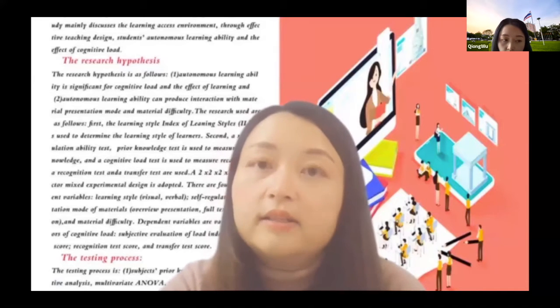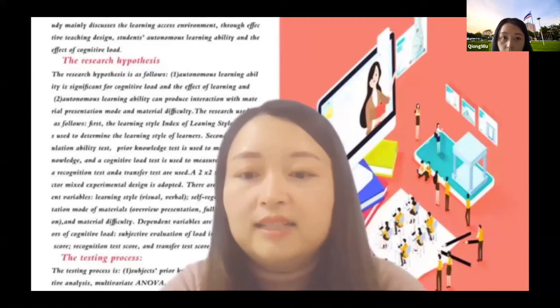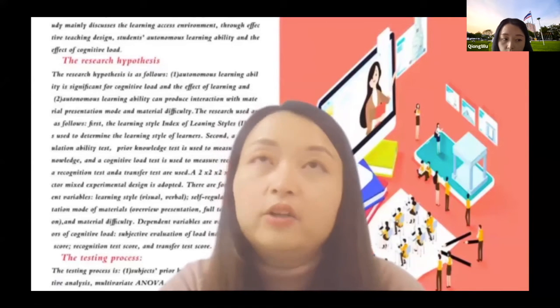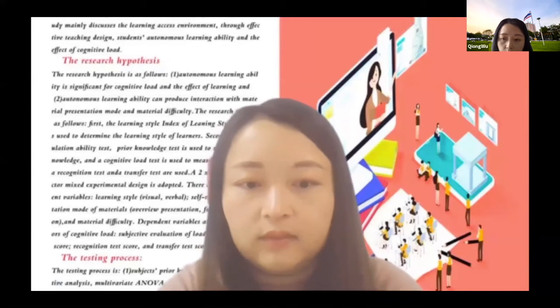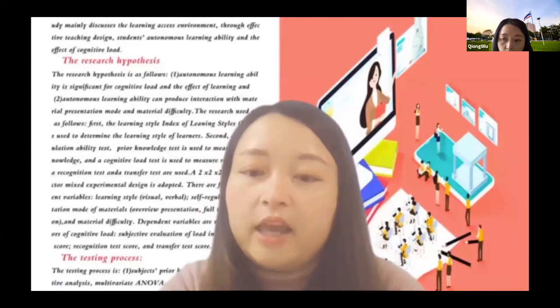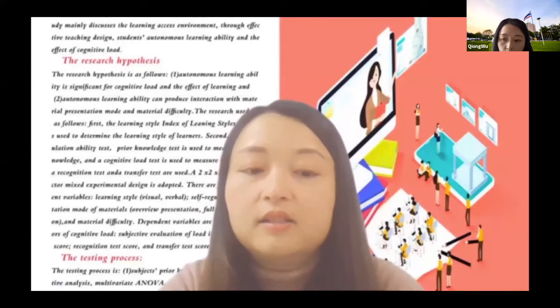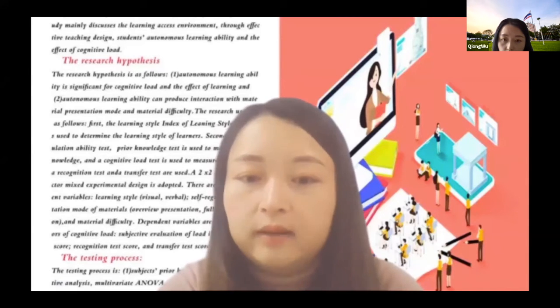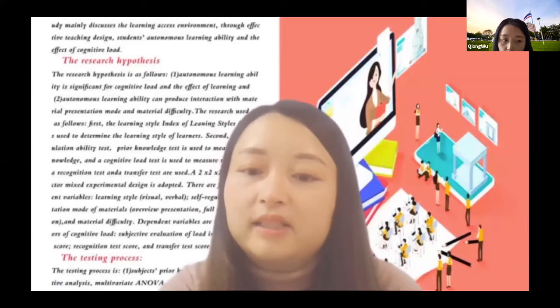First, the influence of learning style, self-regulation ability, and material presentation mode on cognitive load. And second, the influence of learning style, self-adjustment ability, and material presentation on academic performance.